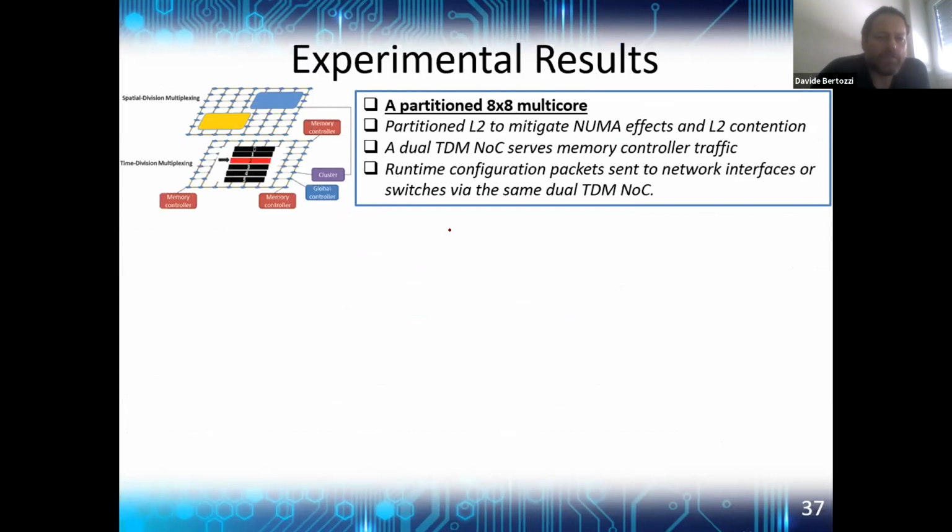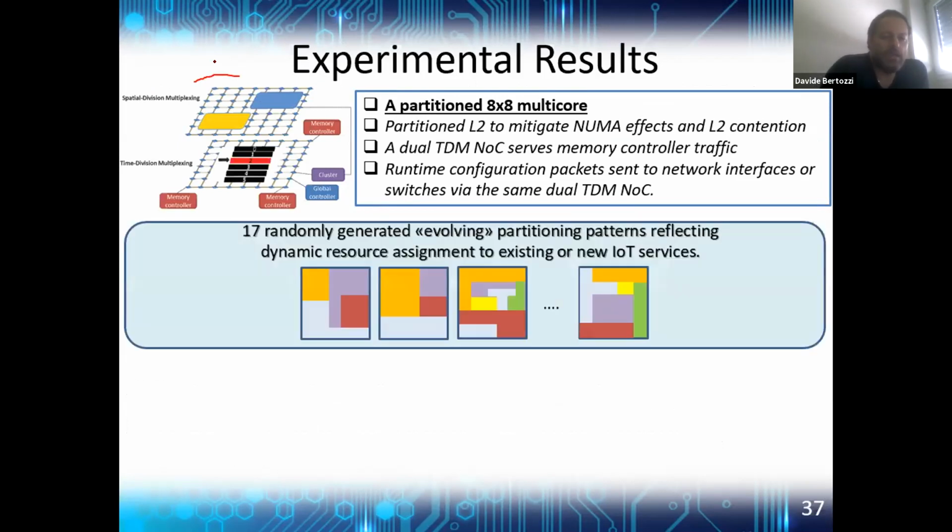So let us consider an 8x8 multi-core programmable accelerator, the one which is represented here with the dual network on chip scheme. And let's try to simulate the reconfiguration of this accelerator.